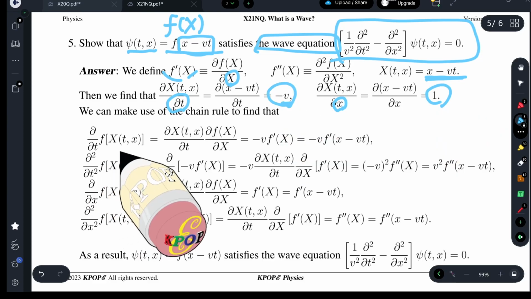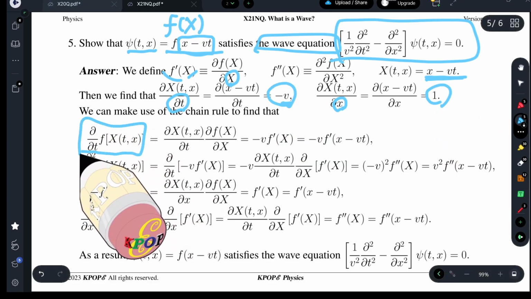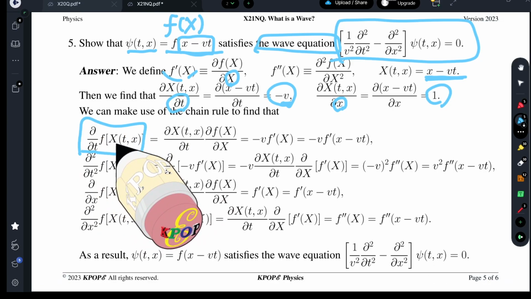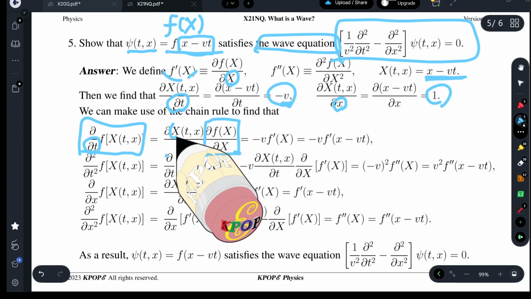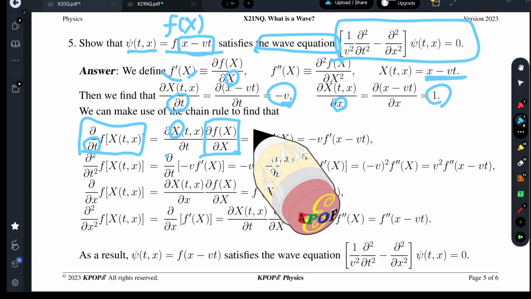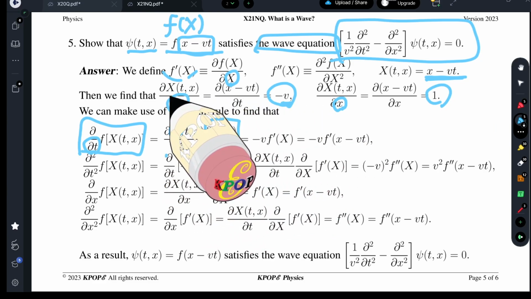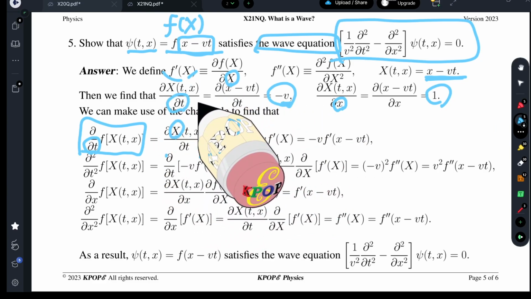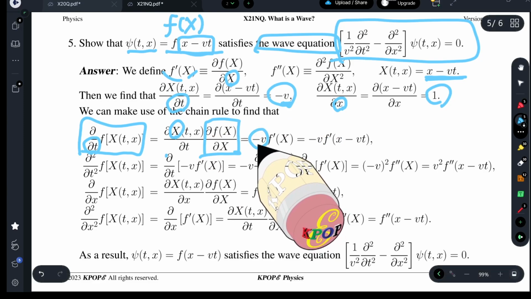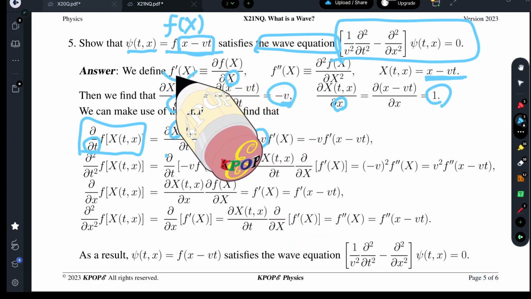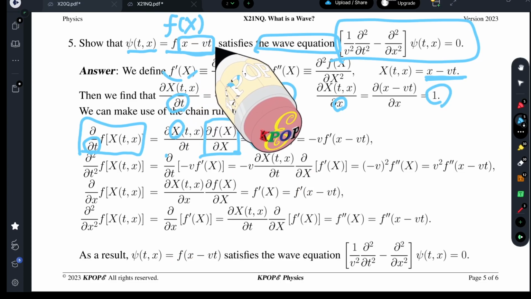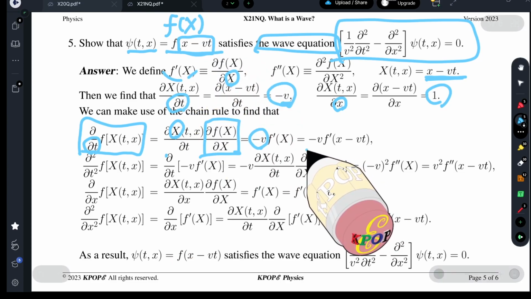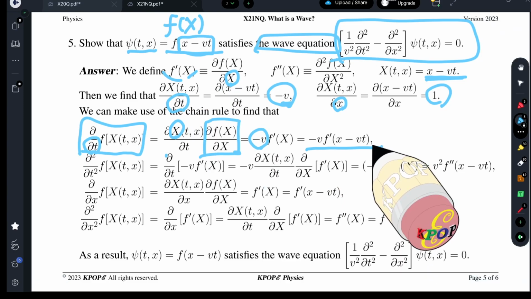Therefore, we take the first order time derivative of f of capital X. We apply the chain rule to find that this is multiplied by the time derivative of capital X, which is minus v, and as we have already stated, it is f prime of X. If I substitute x minus vt for this capital X, our final result is this.